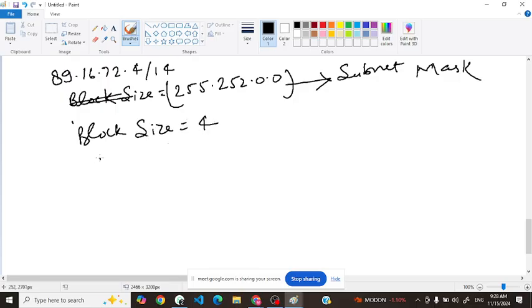Number of networks: I was writing it, but let me check. It is the power of 6, I think. Sir, number of networks will be 2 power 6.